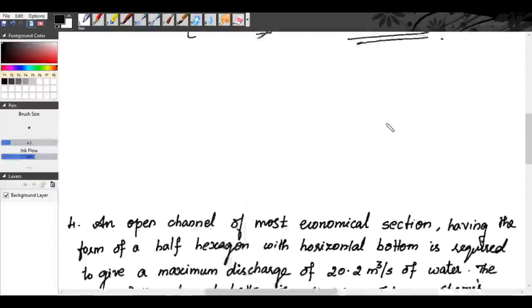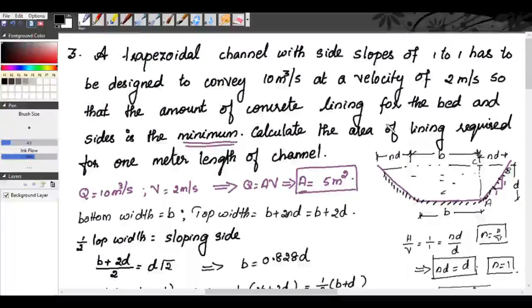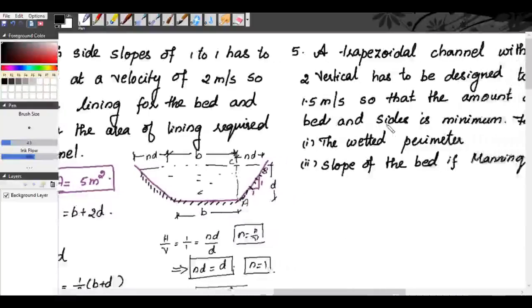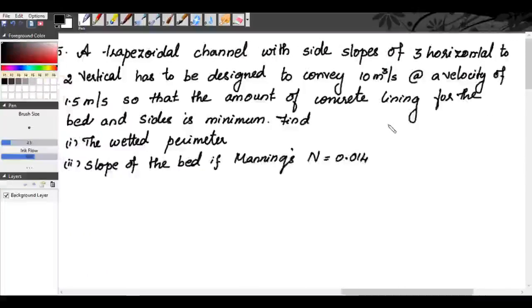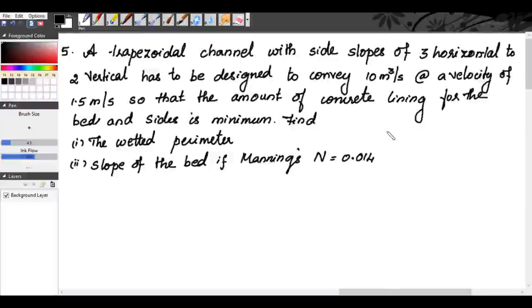Okay, we will move on to our fifth problem. The fifth problem is a trapezoidal channel with a side slope of 3 horizontal to 2 vertical has to be designed to convey 10 meter cube per second at a velocity of 1.5 meter per second, so that the amount of concrete lining for the bed and sides is minimum.